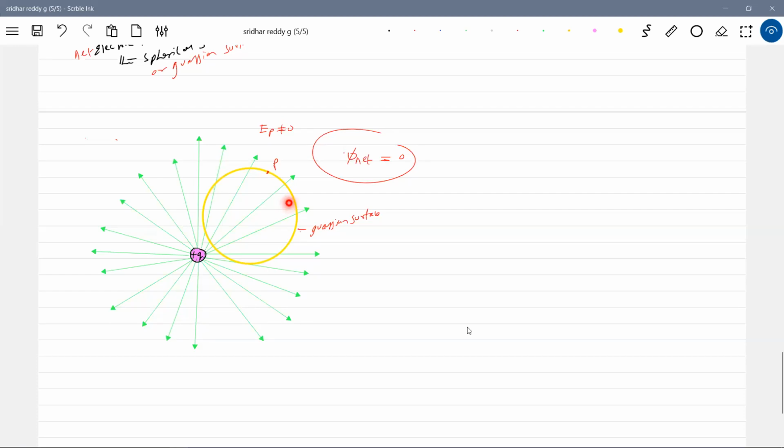This Gaussian surface is not a physical entity which is present. Whether you assume this or not, the field strength at point P is kQ by R square. But the flux through this will be 0. Now, if you bring this point charge inside, the field strength will change and the flux will be non-zero.